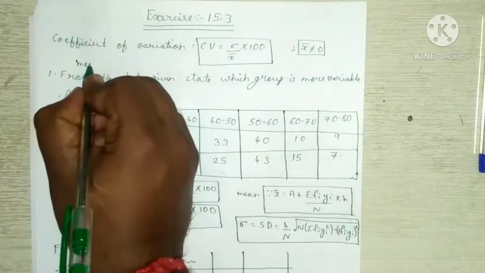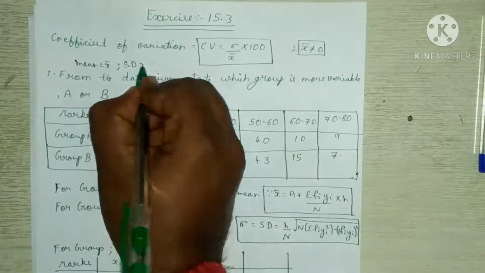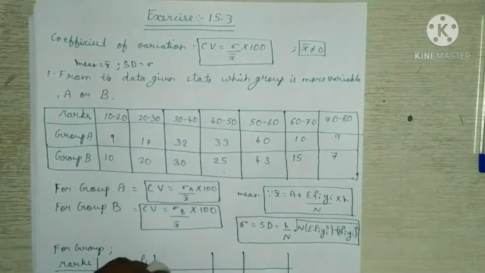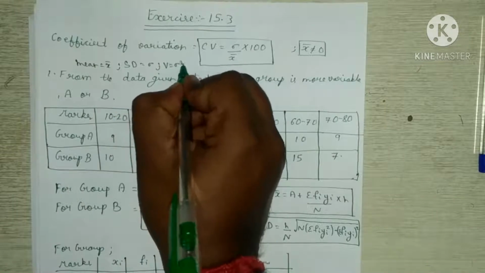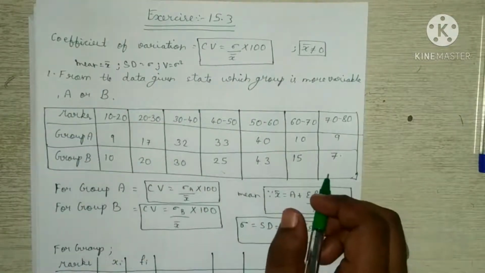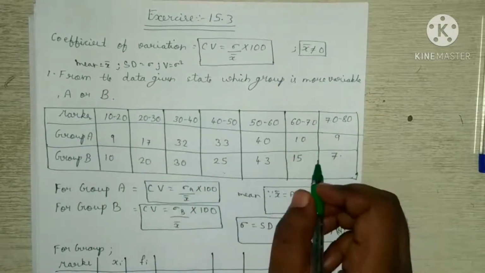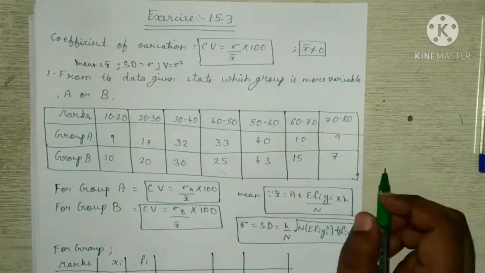Variance is equal to sigma square. These are the main three symbols, the main concepts which we have solved in exercises 15.1 and 15.2.